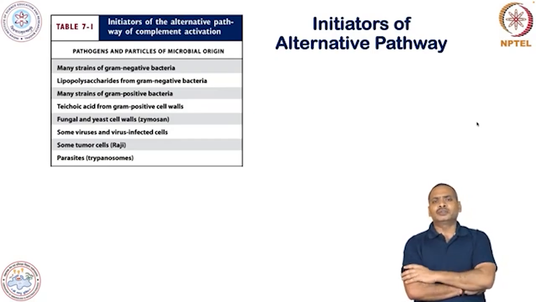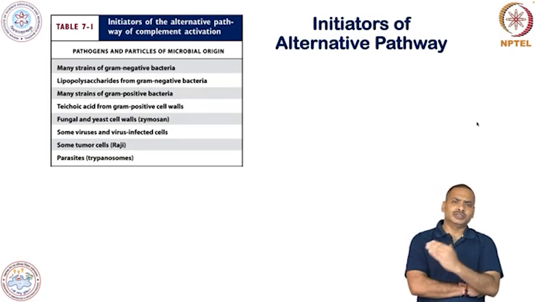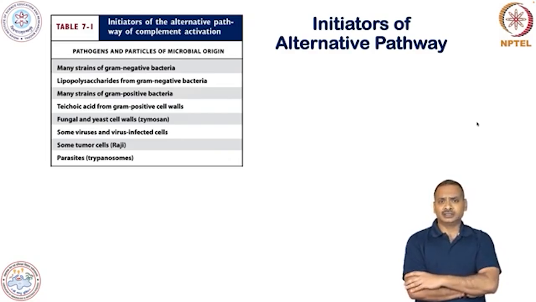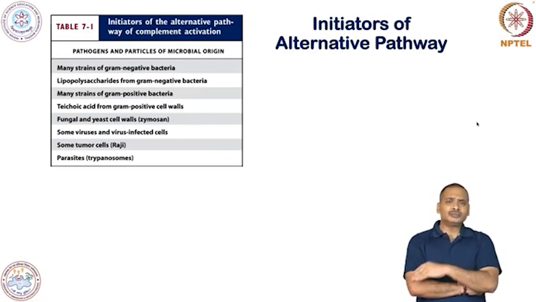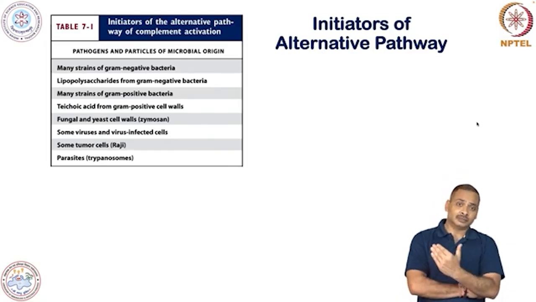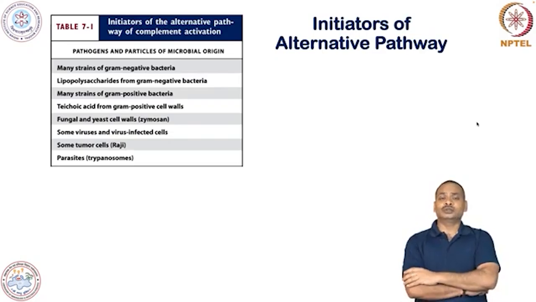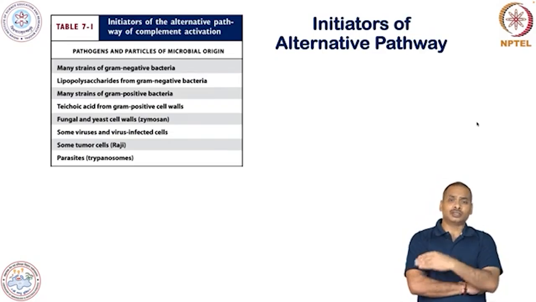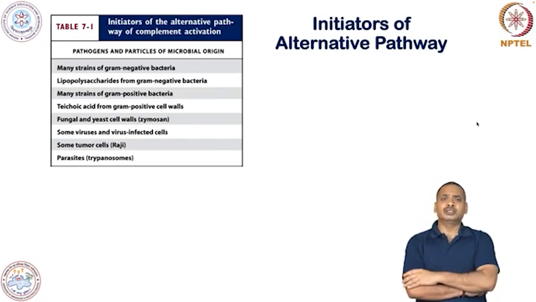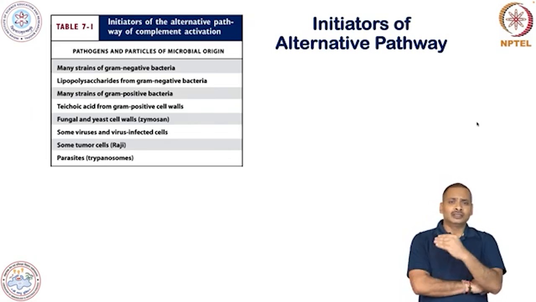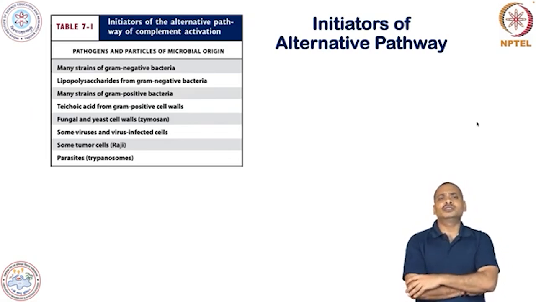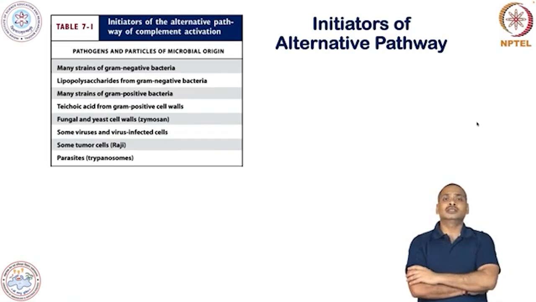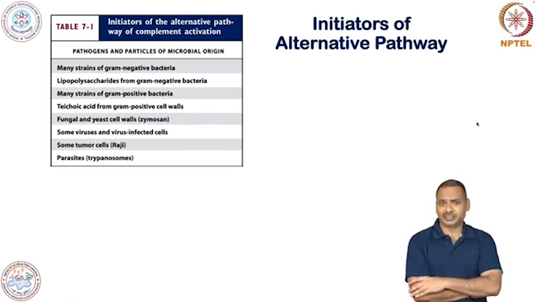Teichoic acid from gram positive bacteria, which is present in the bacterial cell wall, can also trigger the alternative pathway. In addition, besides bacteria, fungi can also trigger the alternative complement pathway, and one of the key components of the fungal cell wall is beta glucan, which is also known as zymosan.